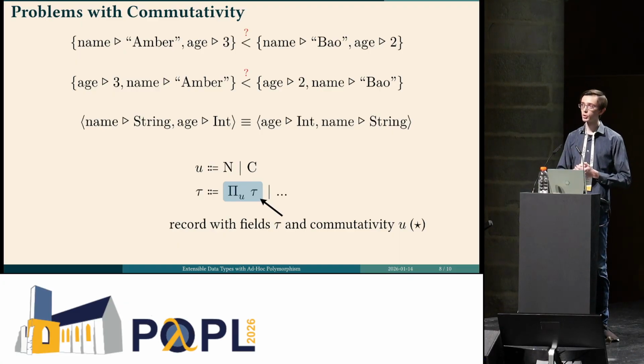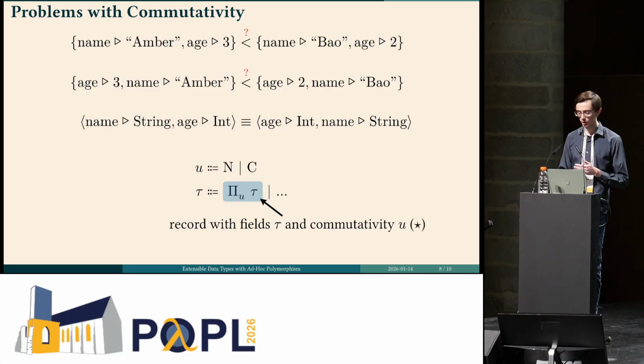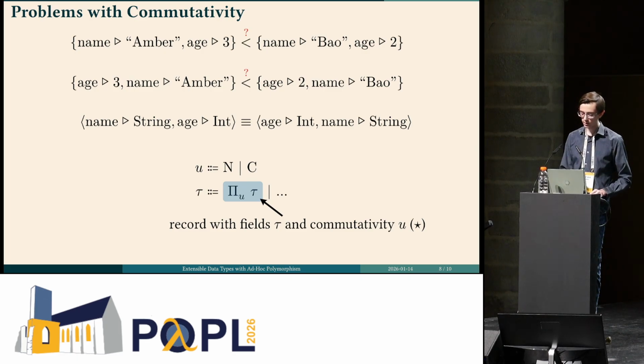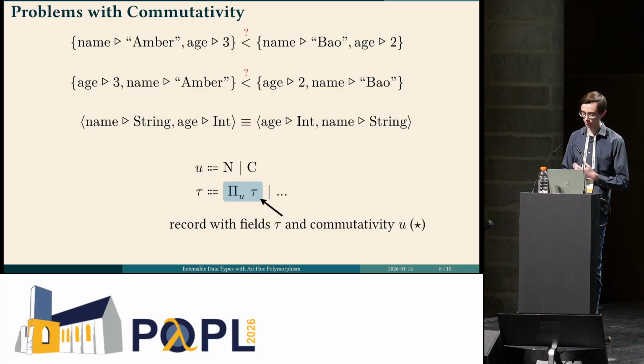So the solution that we chose instead was to allow the user to control whether or not commutativity takes place for specific record types. So here we have this piece of view syntax that we introduced, and it can either be N for non-commutative or C for commutative. And then the Pi syntax here has a place that U can be given to specify which of the two cases we should work with for this record.